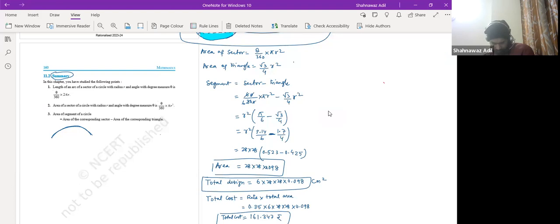Will they give in the question that root 3 is equal to 1.73? Yes, of course. If they don't give, then you have to remember it. Otherwise, they can give what value you have to choose.